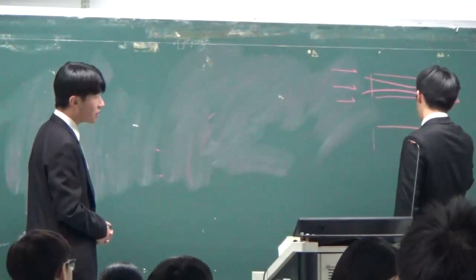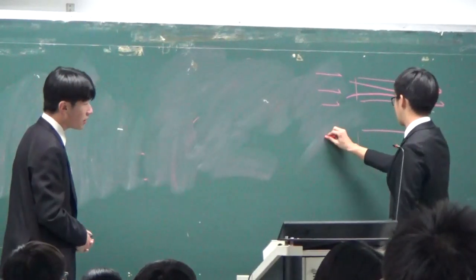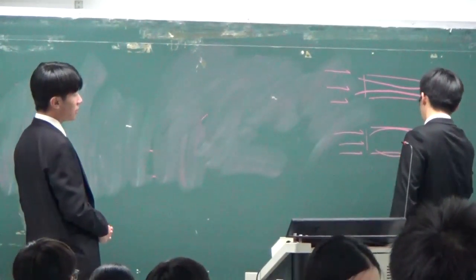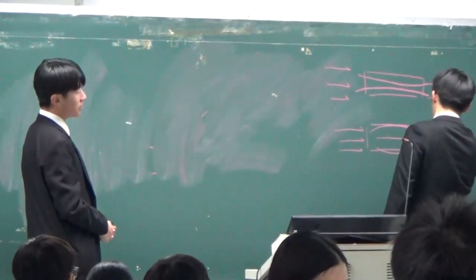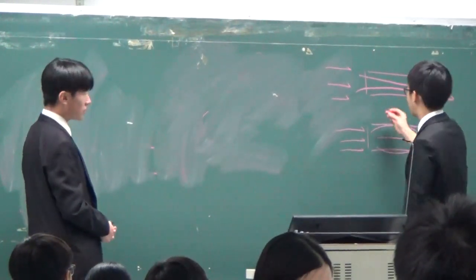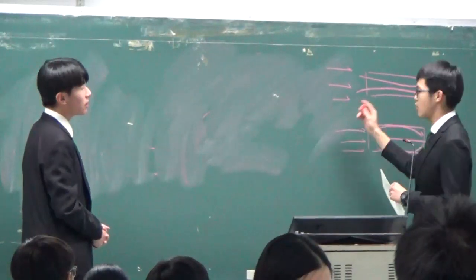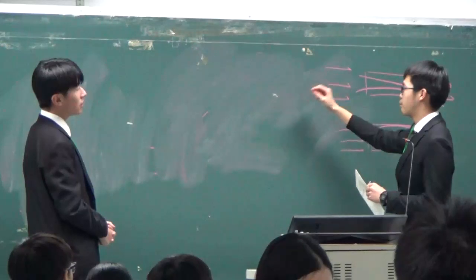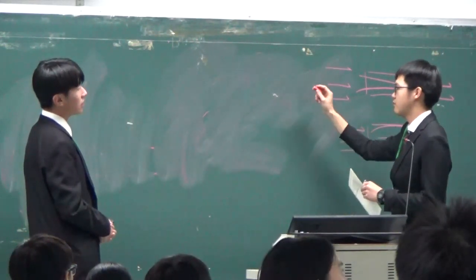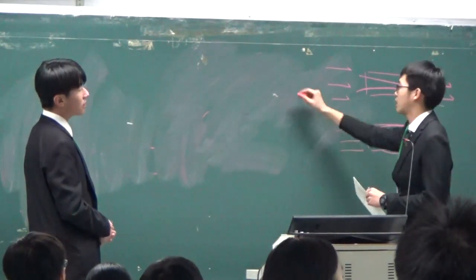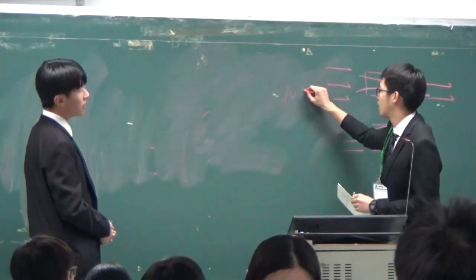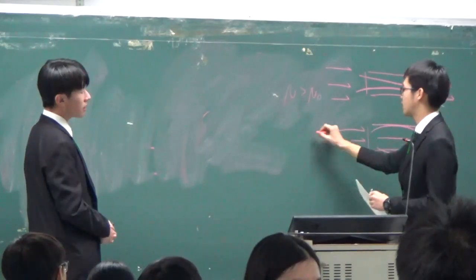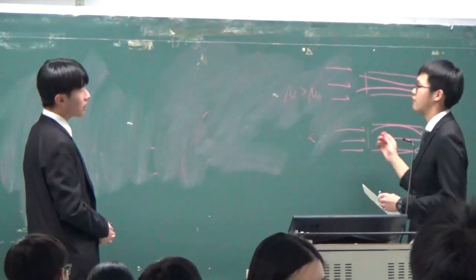The definition of paramagnetic is that the permeability is bigger than the vacuum permeability, and diamagnetic is smaller. Do you know the effect of it?